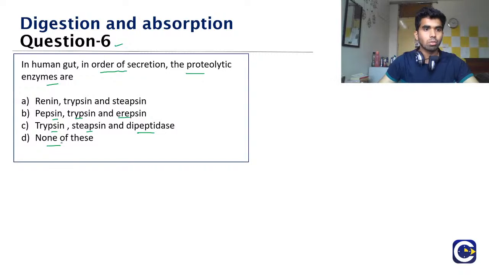So what will be the answer for this question? What will be the order of secretion of the proteolytic enzymes in the alimentary canal? These are the four options.